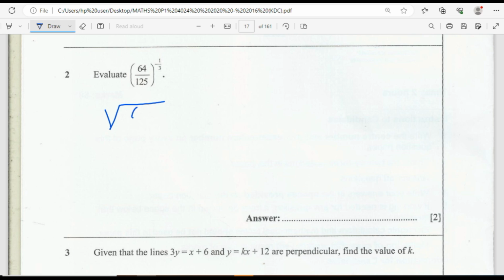Then we can see that we have 64 over 125. So make sure that the root is affecting the numerator and the denominator, since the 1 over 3 is affecting the 2. Now from the fraction, the denominator of the fraction is just the root. Then the numerator is the power.